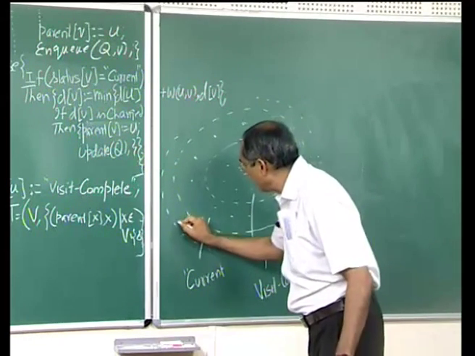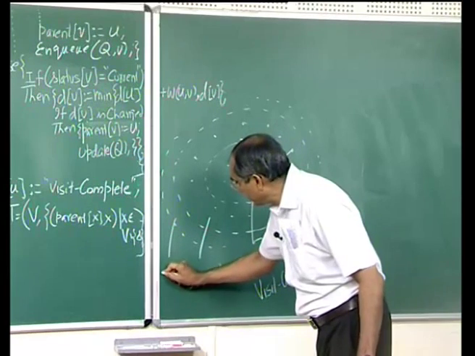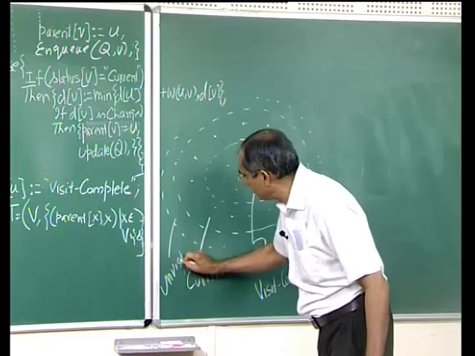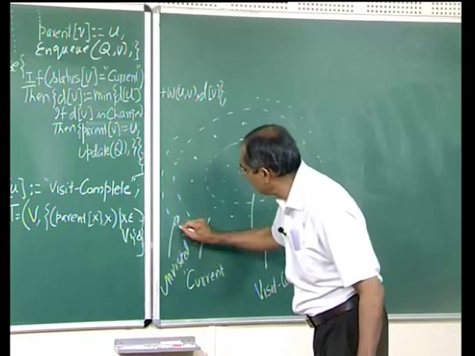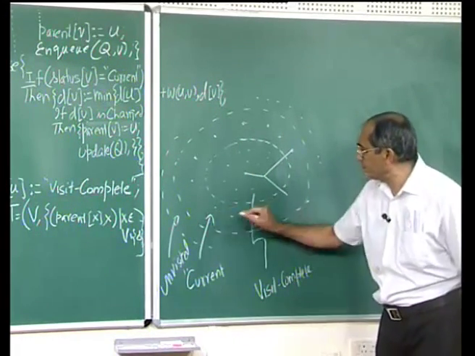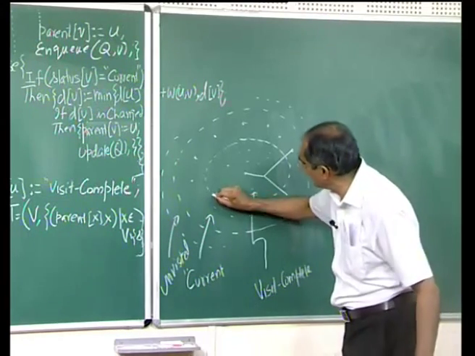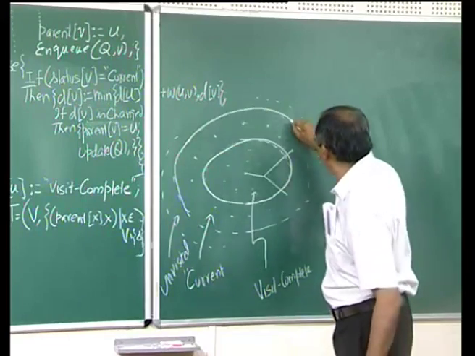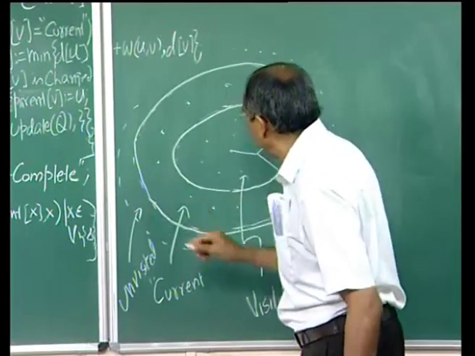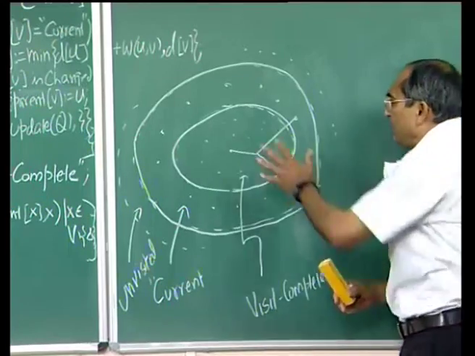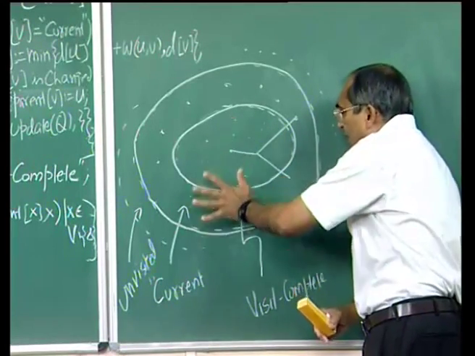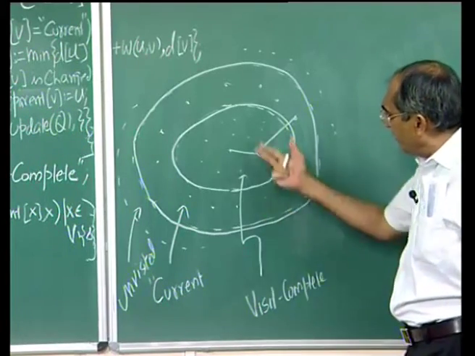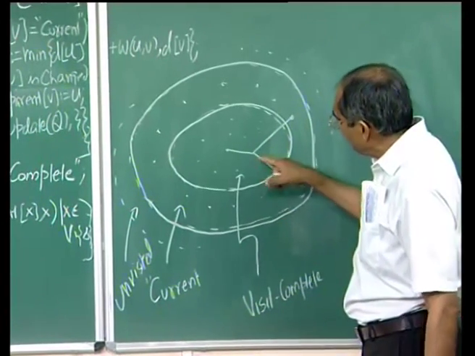So, I will just call these unvisited. Maybe I can just draw a solid line. So, there are these three sets of vertices. So, all the V is partitioned into these three sets.